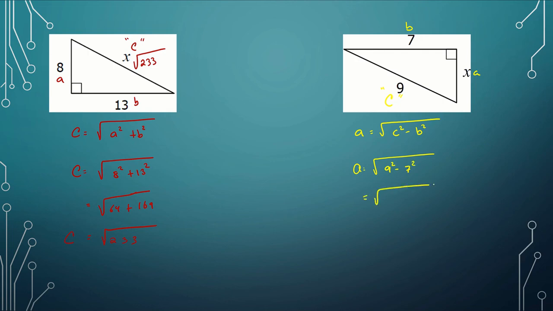And so we simplify. So 9 squared is 81. 7 squared is 49. And so we do a little math. So 81 minus 49 gives us the square root of 32. And so here we can leave it as is. If they're asking us to simplify or give it to them in lowest terms, then we have to simplify.